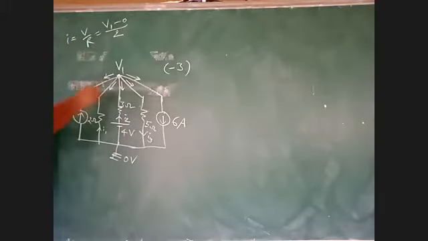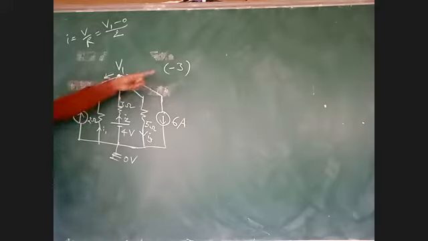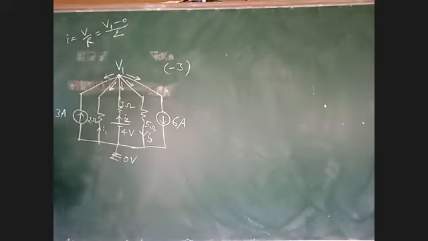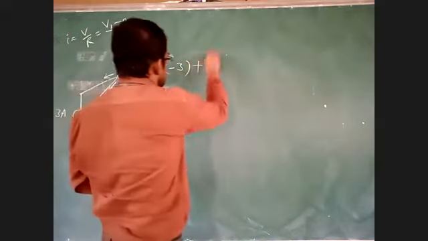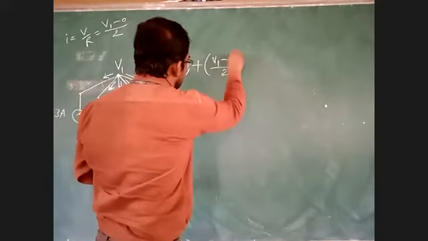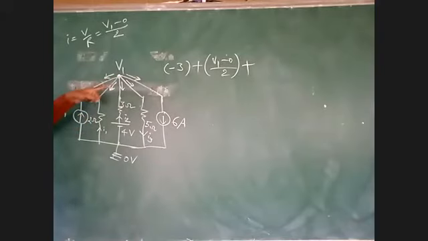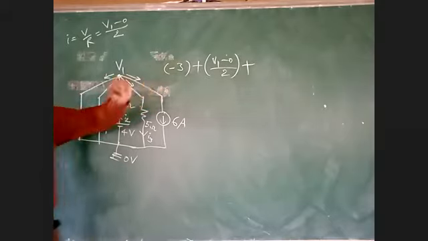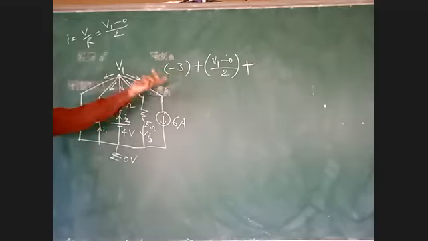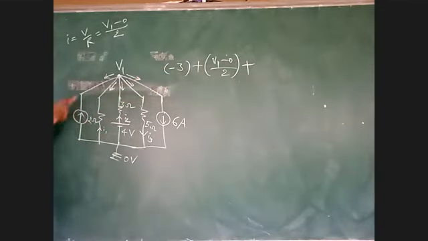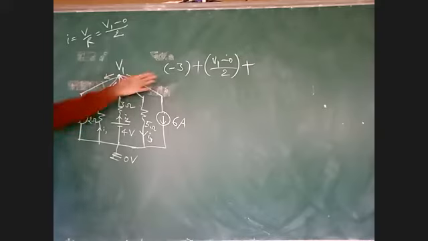This arrow is the current, V1 minus 0 by 2. Why am I taking plus? Because this is moving outside from the node. If current is leaving from the node, we have to take plus. Voltage divided by resistance is current. In the first one, they are directly giving current, so there is no necessity of voltage and resistance.